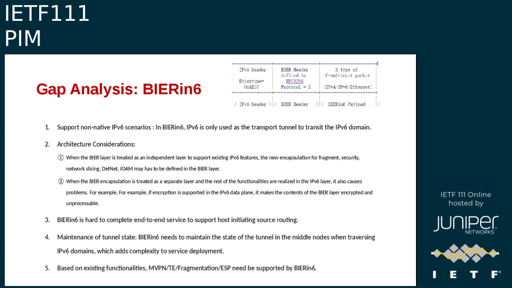Also, the source address of the packet originated by the host may be changed. That is also a challenge. Others need to maintain the tunnel state. And the last one is existing functionality: BIERin6 should be extended to support MVPN, traffic engineering, and existing IPv6 features, including fragmentation and ESP. Okay, next one.